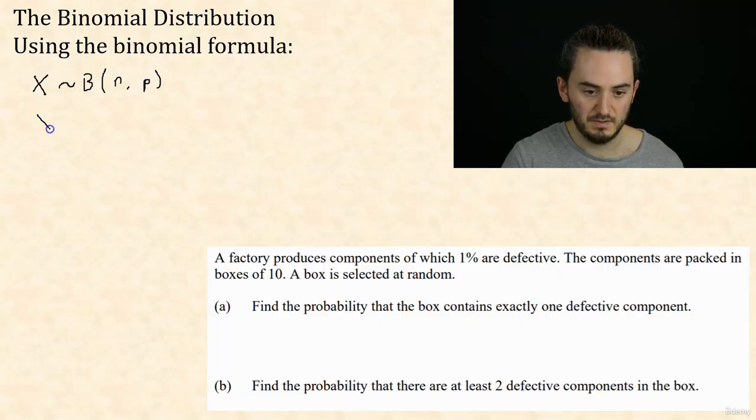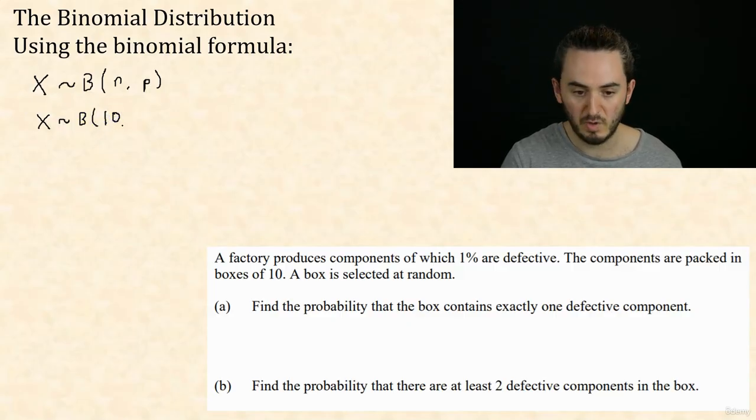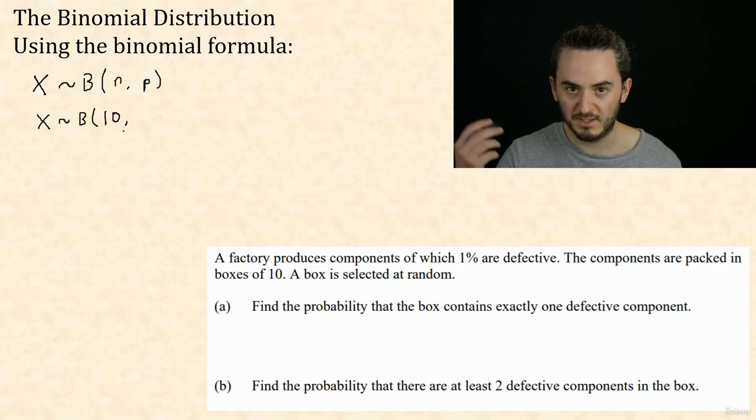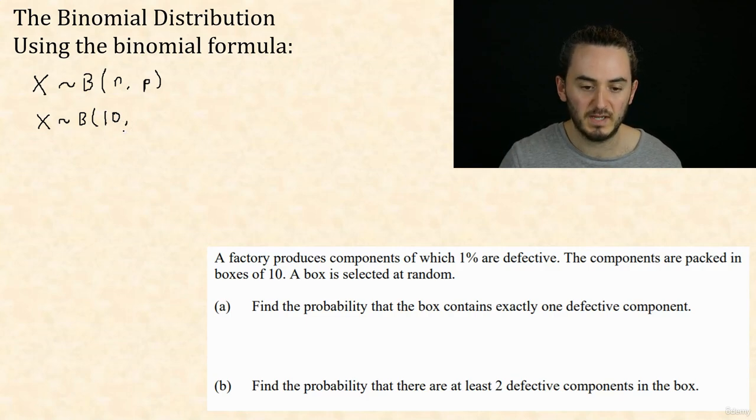So for us, the number of defective components has a binomial distribution. There are 10 trials because each box contains 10 components, and the probability that each one is defective, which counts as our success here because that's the thing we're counting, is 1%, which is 0.01.